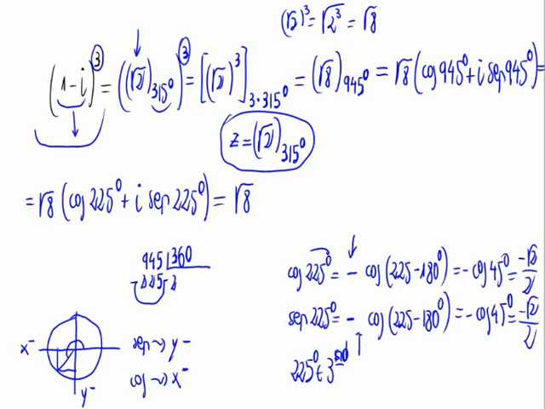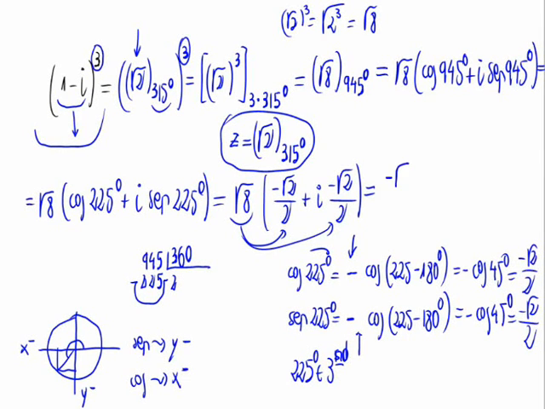So now substituting this into the number, we would have the square root of 8 times minus the square root of 2 divided by 2 plus i times minus the square root of 2 divided by 2. Now multiplying everything, we would have minus the square root of 16 divided by 2 plus i times minus the square root of 16 divided by 2.